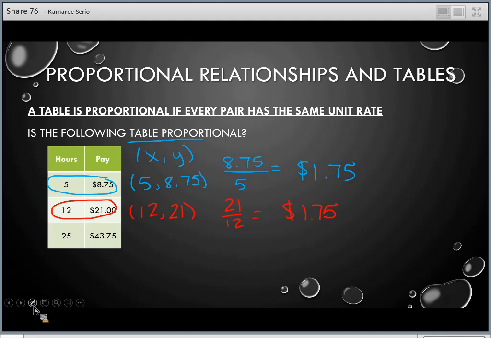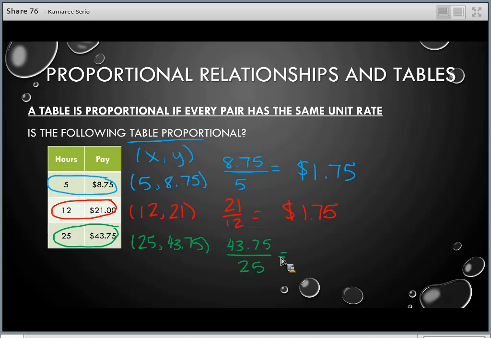And our last one. Let's double check the last one to see if it's the same here. So I have 25, 43.75. So y goes on top, which is my 43.75, all over my 25, which is my x. So 43.75 divided by 25.